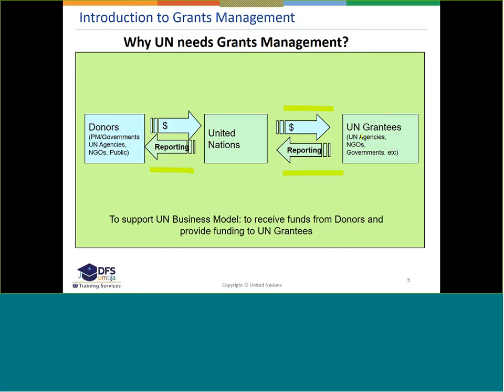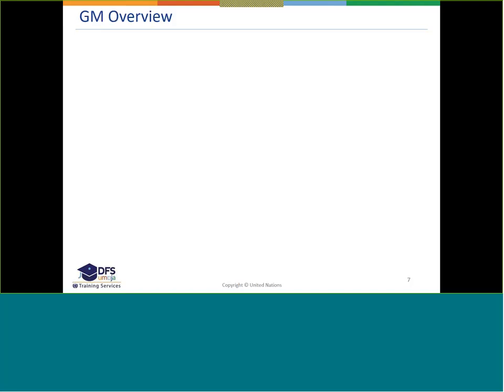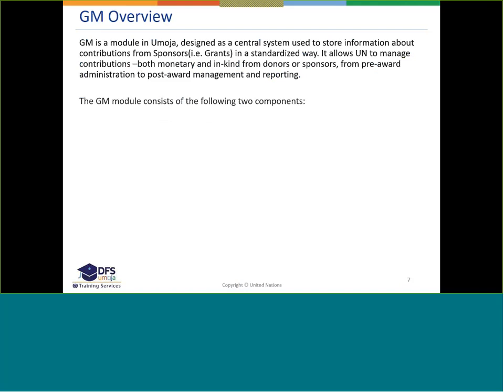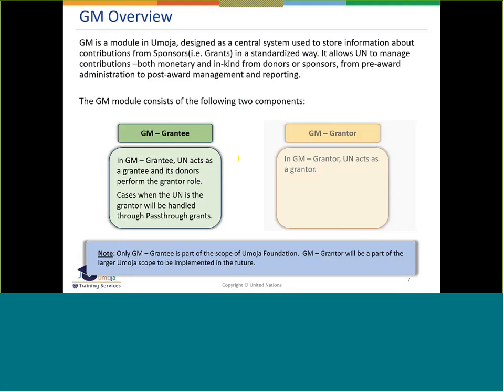These are other UN agencies, NGOs, and so on. A grantee is the entity that is receiving the money, and the grantor is the one giving it. You will find sometimes the term sponsor, sometimes the term grantor. It's pretty much the same thing from our perspective. Okay, this is what I just mentioned.